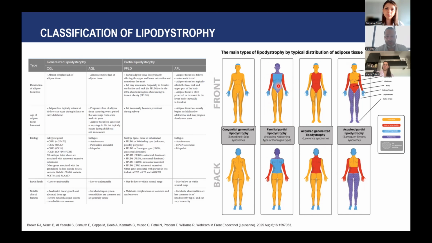That's why many of these patients with familial partial lipodystrophy are tested for Cushing disease at some point. So there is this additional diagnostic challenge in familial partial lipodystrophy as well. That's the overall definition, a very rough and summarized version of a classification.